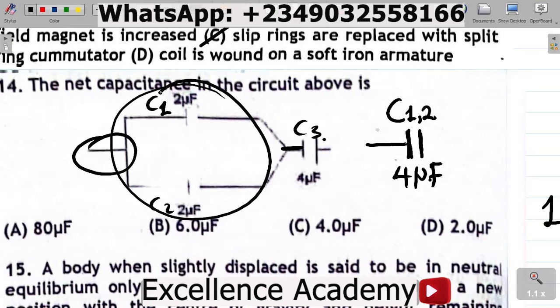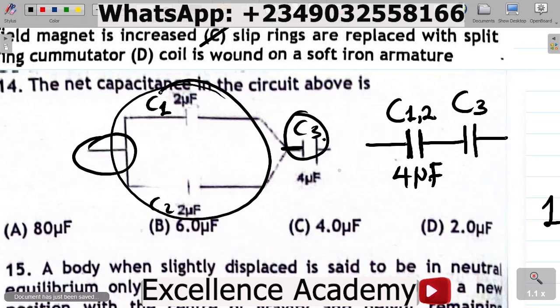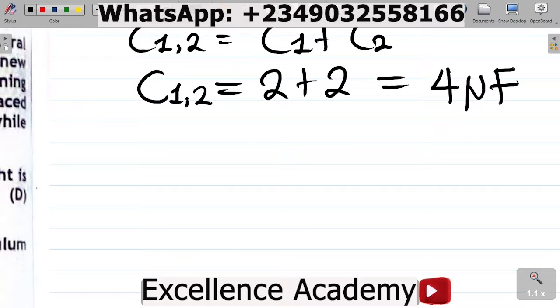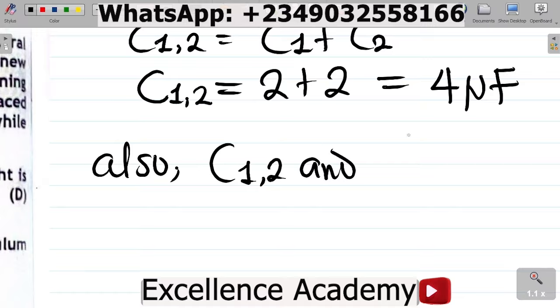Then you have C3, and C3 is also this value here, which is 4 microfarad. So from here, we can see that C12 and C3 are in series.